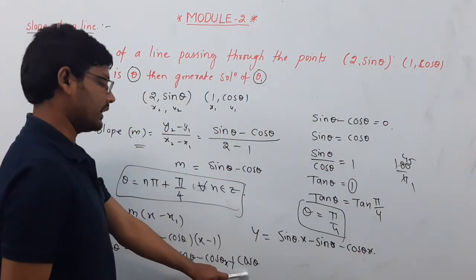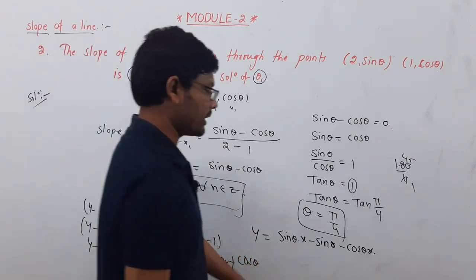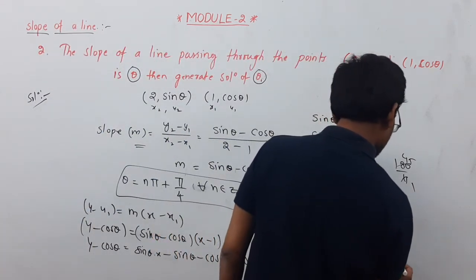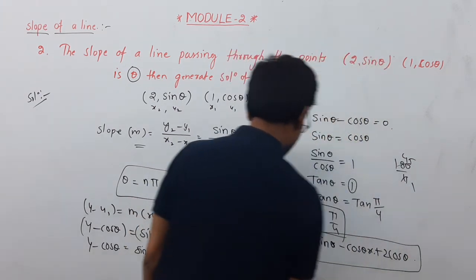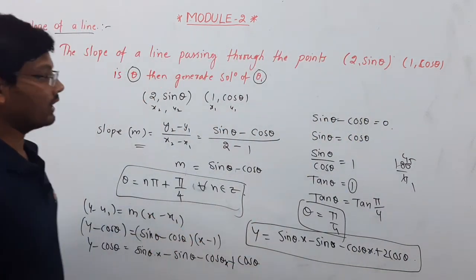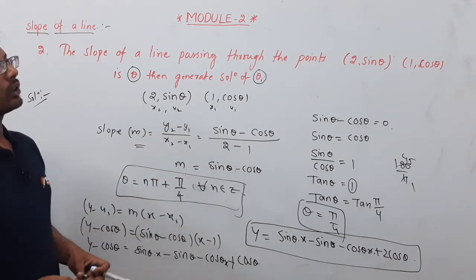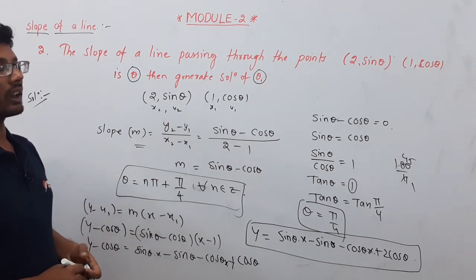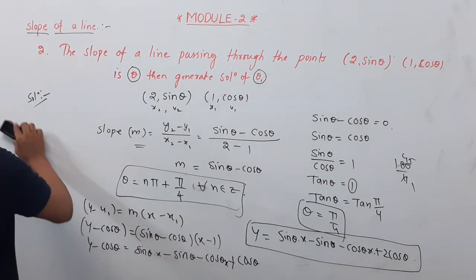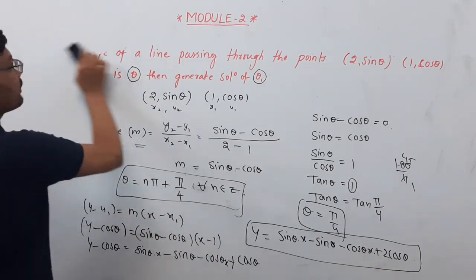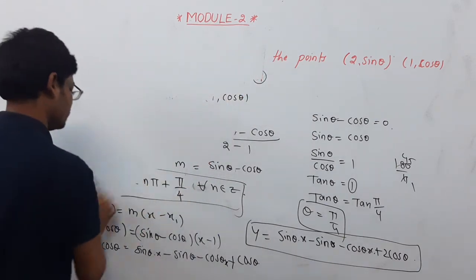Here cos theta is already there; if you send one more cos theta, it will become 2 cos theta. So this is the expression for this one. So this is the equation of a line having 2 points, 2 sin theta and 1 cos theta here. This is all about this question. This is the solution of theta here. And the next question and the next topic from module 2.